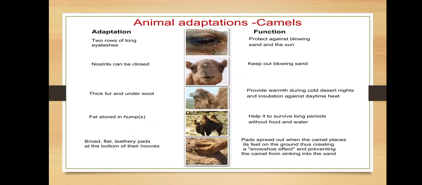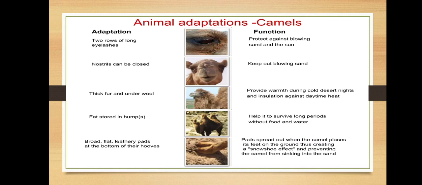So animal adaptations, we have different animals that can adapt. It was explained by the video. Two rows of long eyelashes protect against blowing sun and sand. The nostrils can be closed. Thick fur and underwool provide warmth during cold desert nights and insulation against daytime heat.